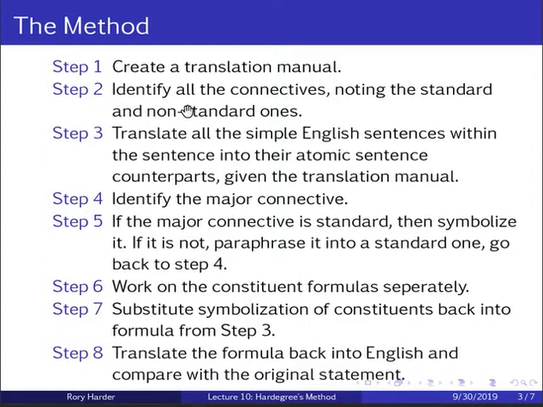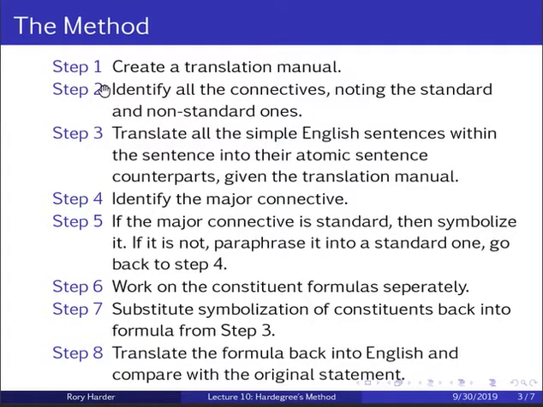Another example of a non-standard connective is the word unless. So as we've seen, that can be understood as corresponding to the disjunction. However, it's not obvious that the word unless corresponds to that connective. So it's another example of a non-standard connective.